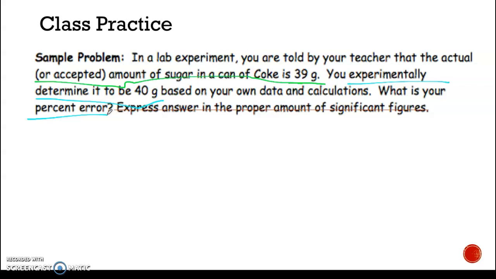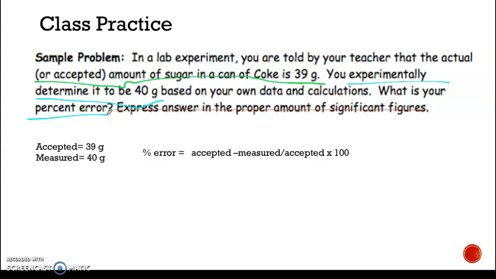So, looking at the problem, I know that our accepted is 39 grams, and I know that our measured is 40 grams. Now, I always require you guys to write the formula. It makes it easier on yourself to always have the formula on the paper. So here's my formula: percent error equals accepted minus measured, divided by accepted, times 100.